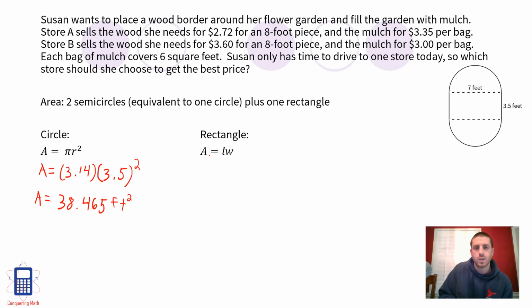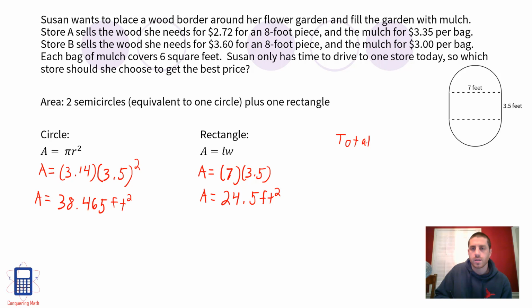Now for the rectangle, we have area equals length times width. So the length is 7 feet and the width is 3.5 feet. And if we multiply those together, we have an area of 24.5 square feet. Now we have to add those two together.